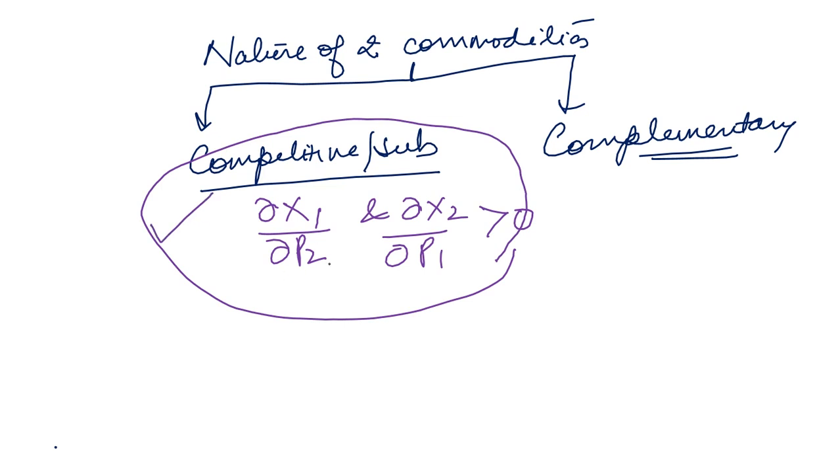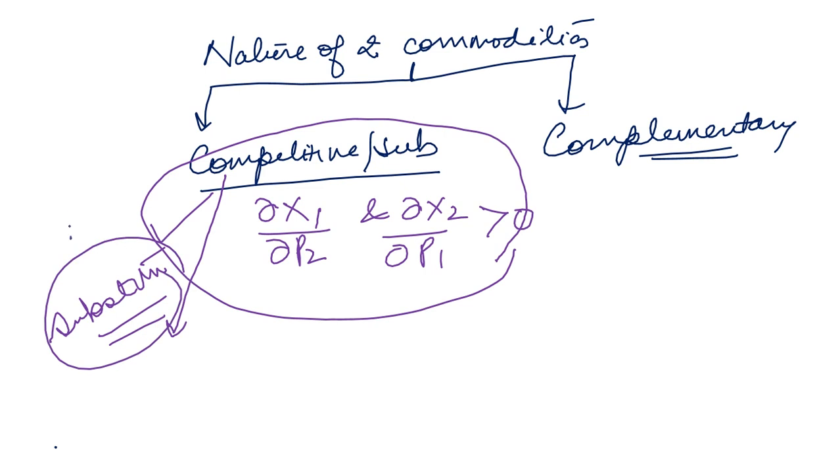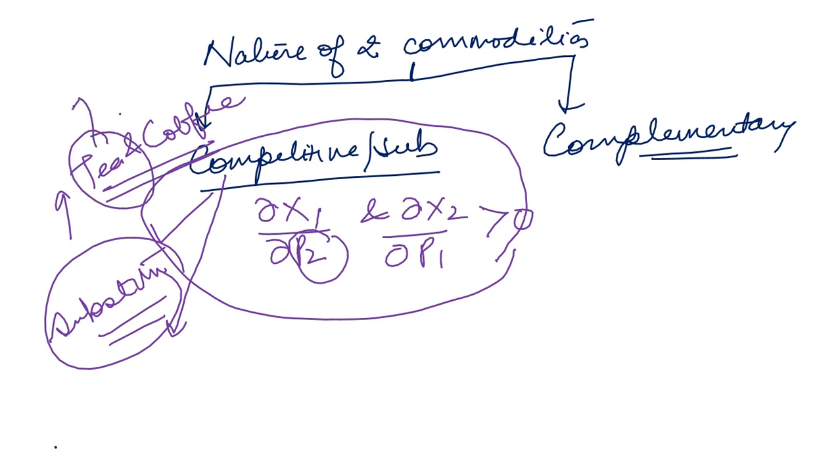That means if the price of good 2 changes, the quantity demanded of good 1 increases. Substitutes are like tea and coffee: if the price of coffee increases, the quantity demanded of tea increases.